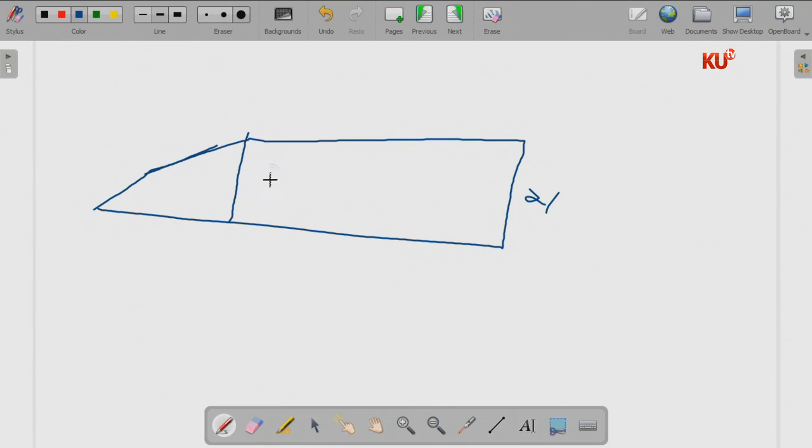It is the same as this is 21. Here to here is 56, will be the same as here to here, which is 56. Then what do we have? We have hypotenuse as 35.